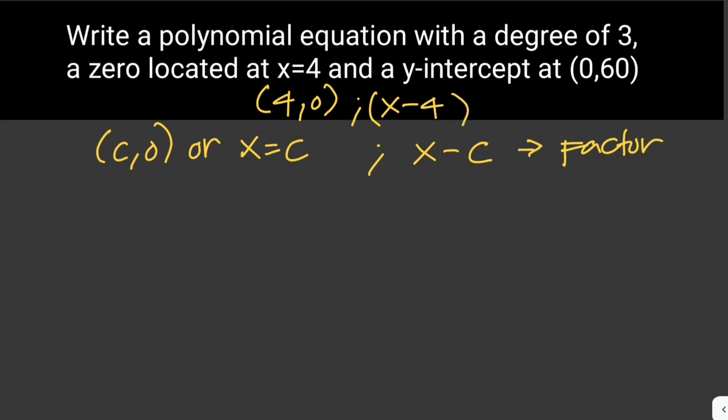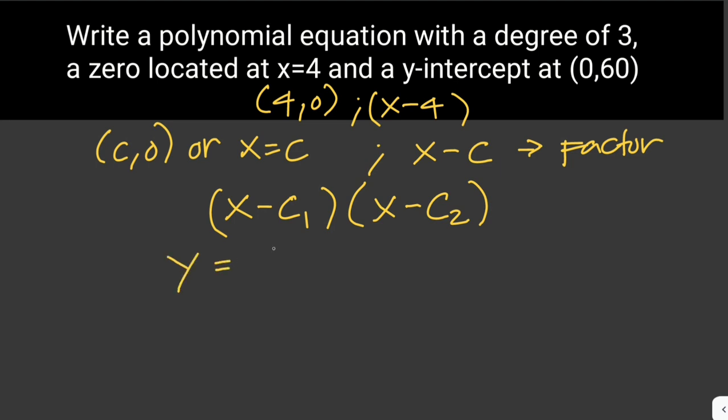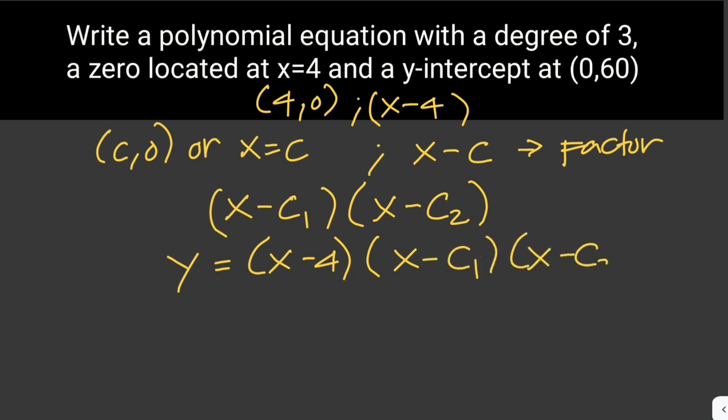Since the other two zeros are not known, we can write the two factors as x minus c1 and x minus c2. Now we need to find c1 times c2. So our polynomial would be y equals x minus 4 times x minus c1 times x minus c2.